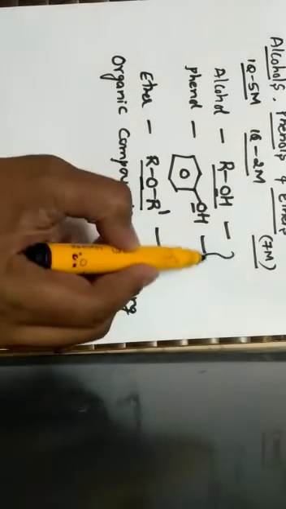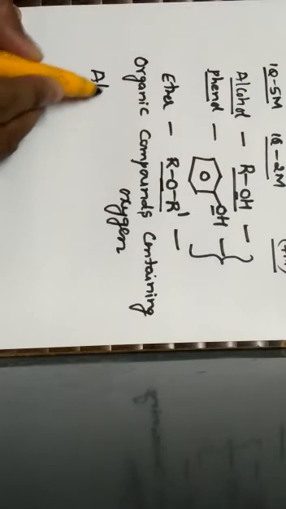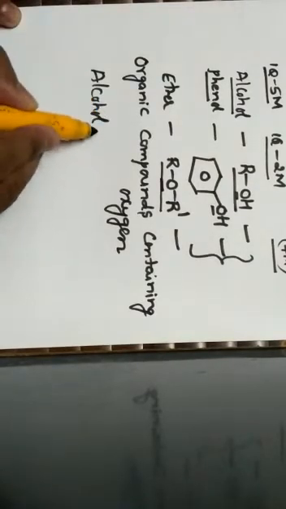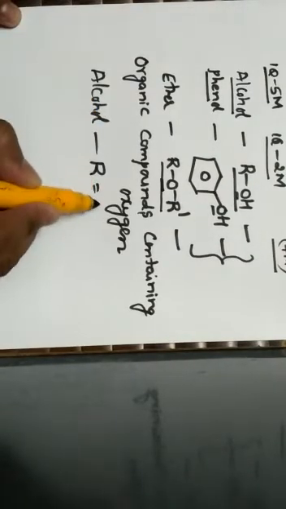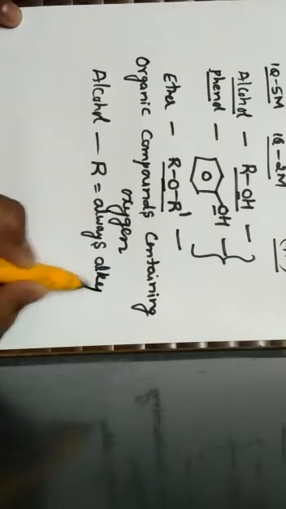In the general representation of alcohols, phenols, and ethers, OH is the common functional group present in alcohol as well as phenol. The major difference between alcohol and phenol is that in alcohol, R is always an alkyl group.